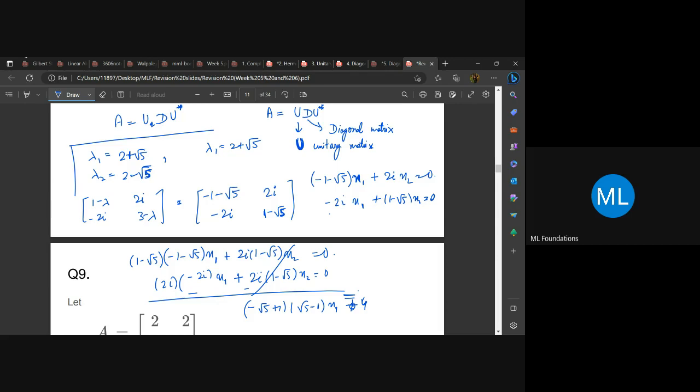So this is again a plus b, a minus b, so a squared minus b squared. So 4 x1. Something went wrong.